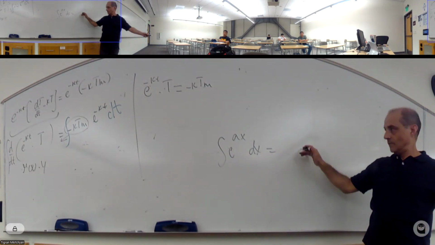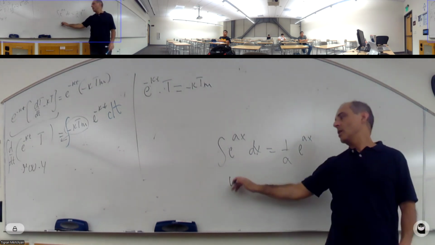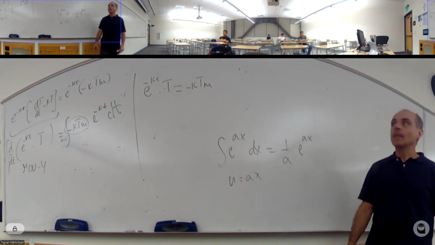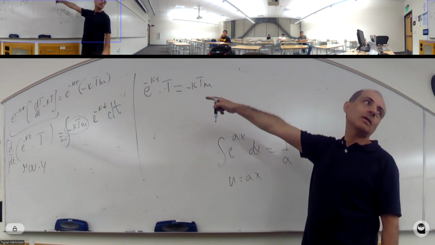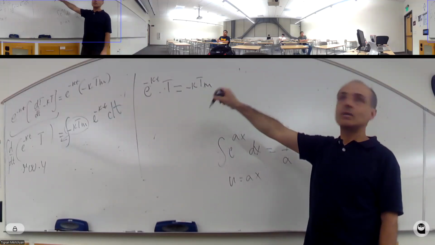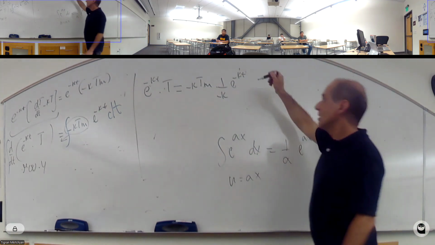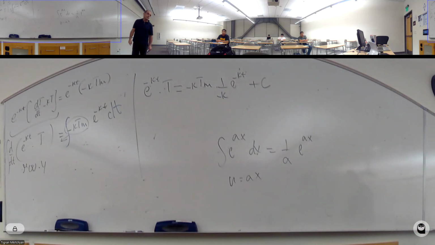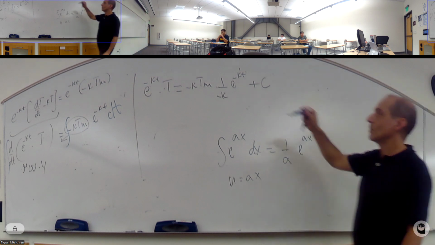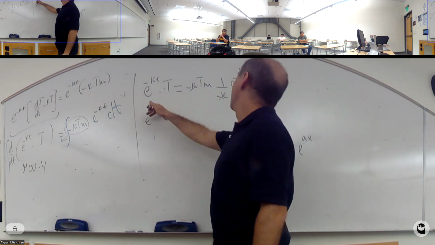It's e to the ax divided by a, by u-sub: if you call u equals ax, you get that. With that same thing, what would you get here? One over negative K, right, times e to the negative Kt, plus some C. The negative K will go away, cancel. So we have what we have.